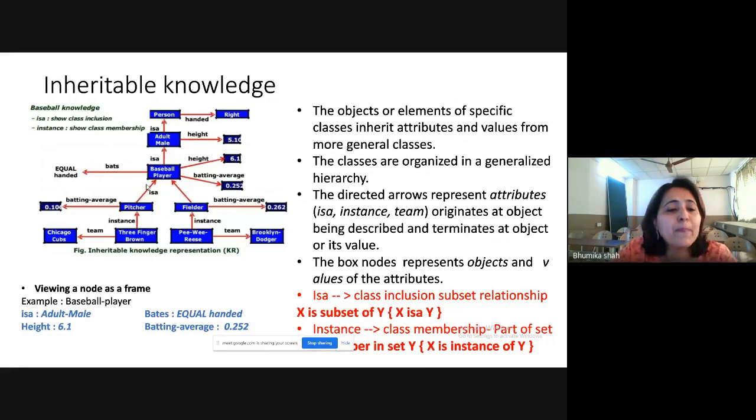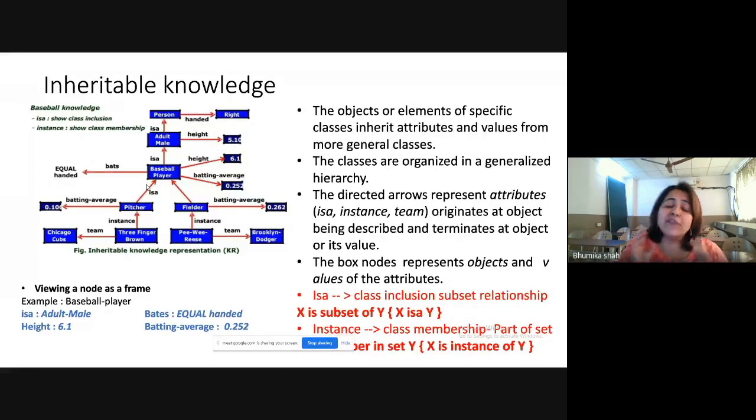See, for pitcher and fielder, you don't have any height attribute available. The height attribute is not available with both the pitcher and fielder entities. So if you ask what is the height of a fielder, we are going to inherit it from the parent class. But if I ask what is the batting average of a fielder, then I won't reply 0.252.